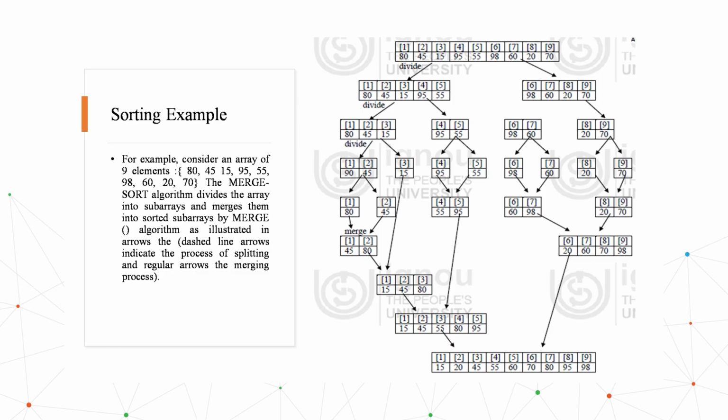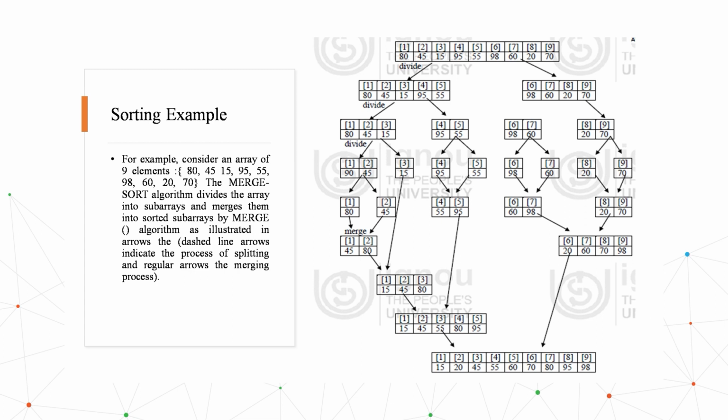So it will be from A1 to A of n minus the ceil of n by 2. There are 9 elements, so n by 2 is 9 by 2, which is 4.5, and the ceil of it is 5. So the list will be from 1 to 5, and the other list will be from 6 to 9. These are the index numbers that I'm talking about.